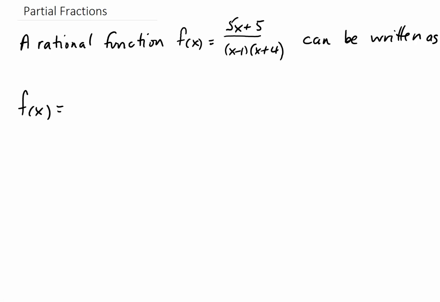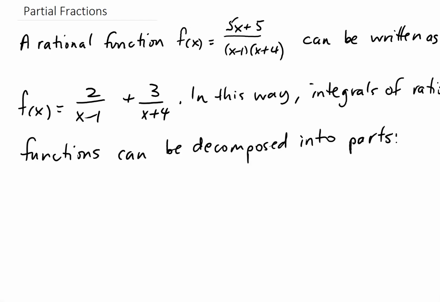And in this case, that is 2 over (x - 1) plus 3 over (x + 4). And in this way, these rational functions can just be decomposed into two parts. And of course, this is really useful for when we're finding the integral of the original function.